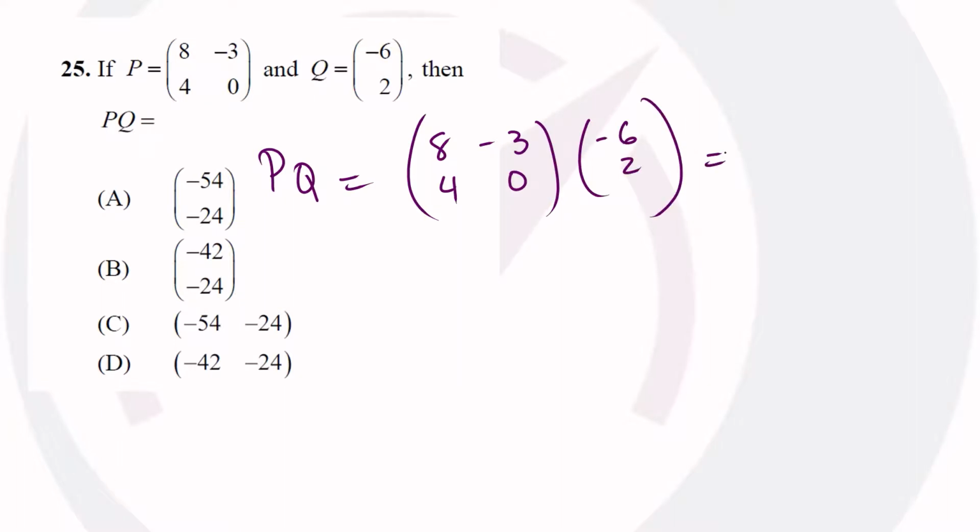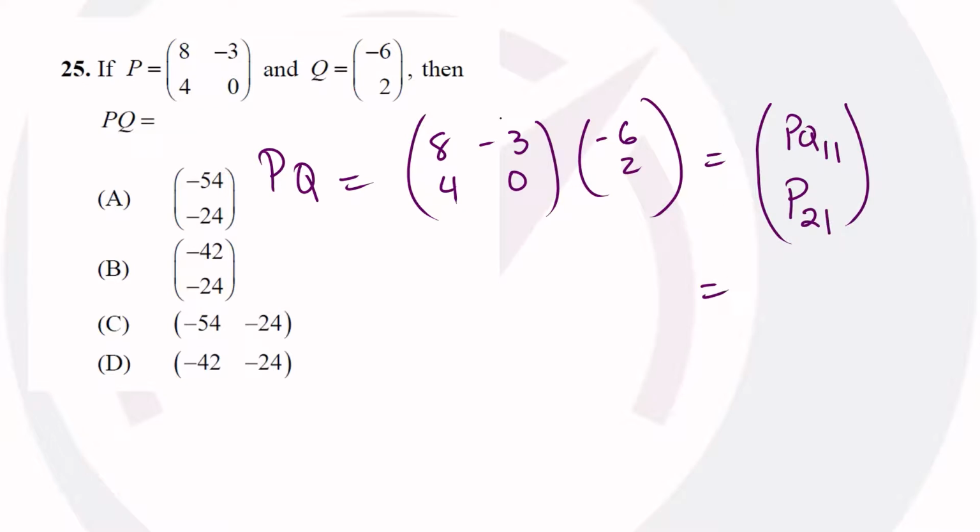Because we know our answer is going to be a 2 by 1, let's call it PQ, because the matrix that we want to find is PQ. So there is going to be an element here in row 1, column 1, and an element here in row 2, column 1.